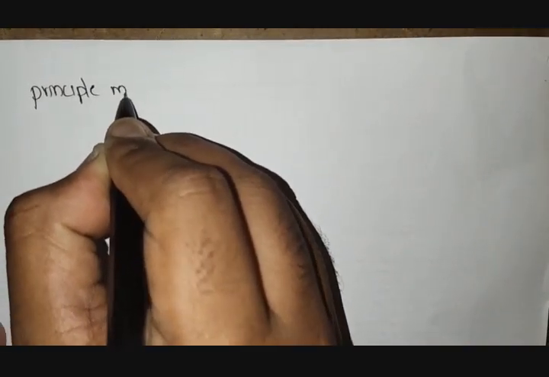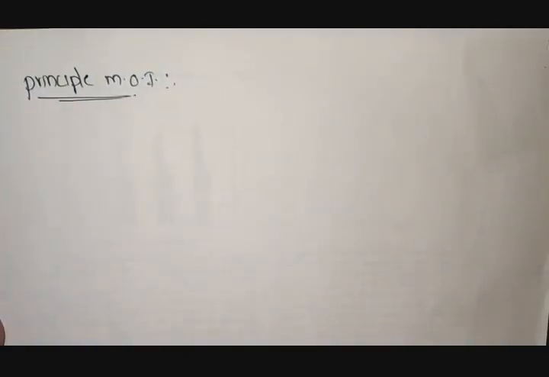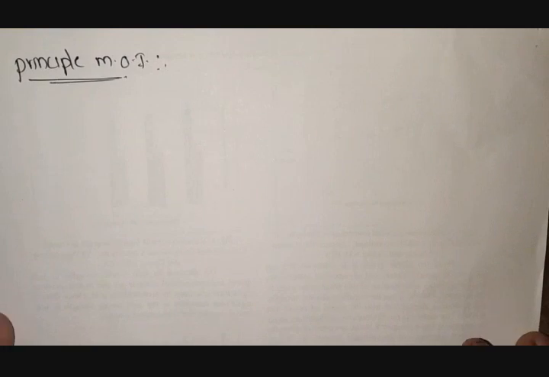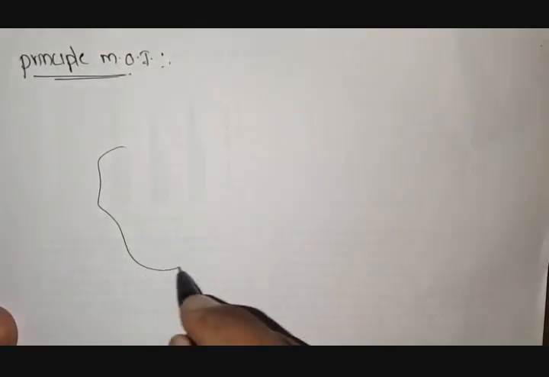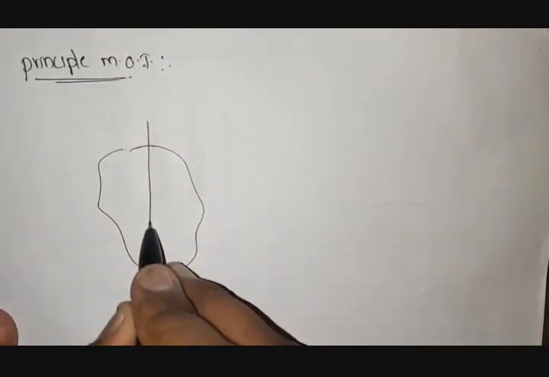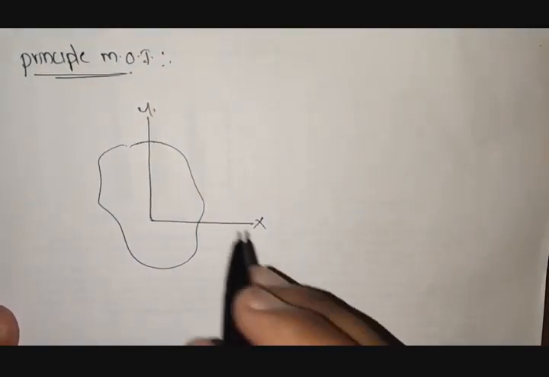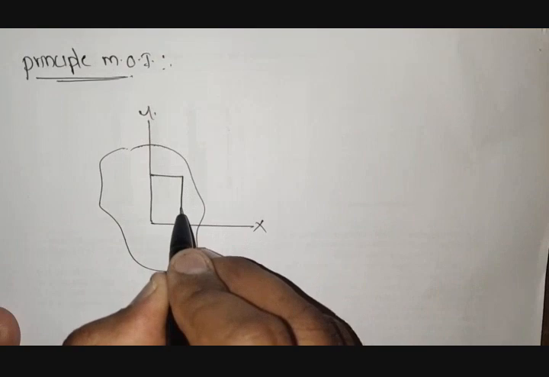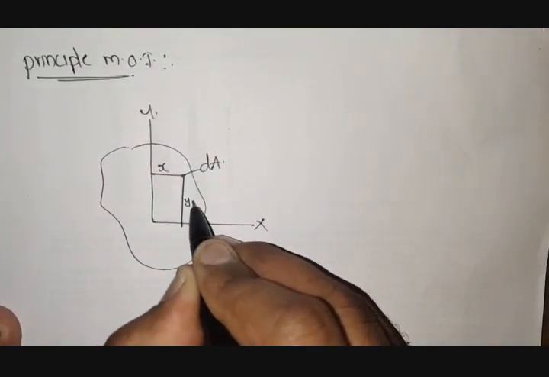So for that, what is a principal moment of inertia, we will see now. For the same old figure, I am going to consider an amoeba-like shape with x and y, and I am going to take some area dA, at distances x and y.